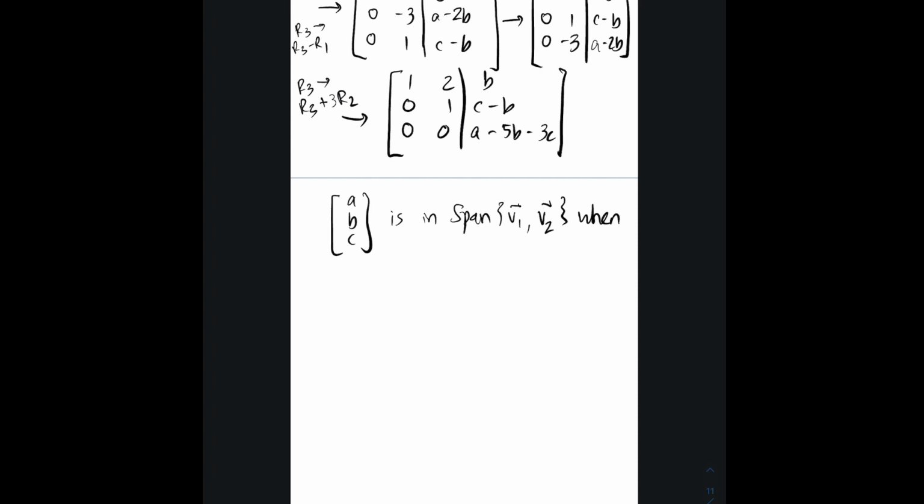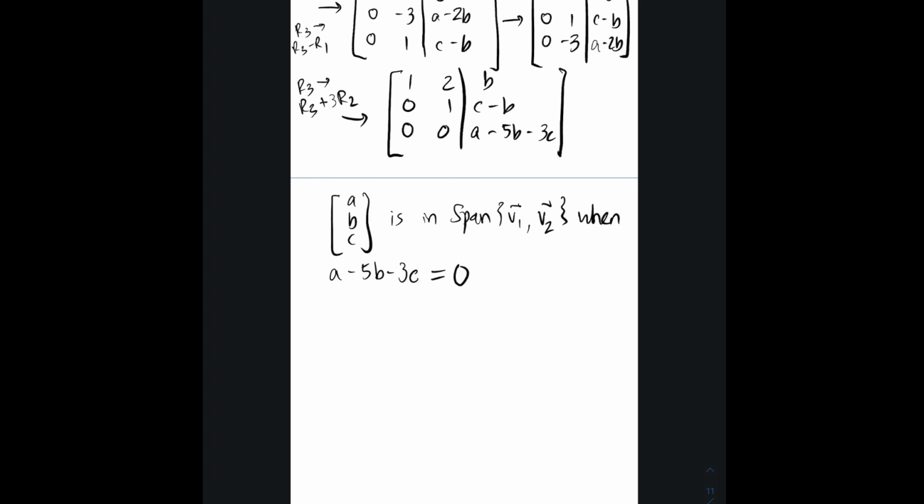Well, it's when the system that corresponds to this augmented matrix has a solution. And so when is that? If you look at the third row, what has to happen with A minus 5B minus 3C? It needs to equal 0.